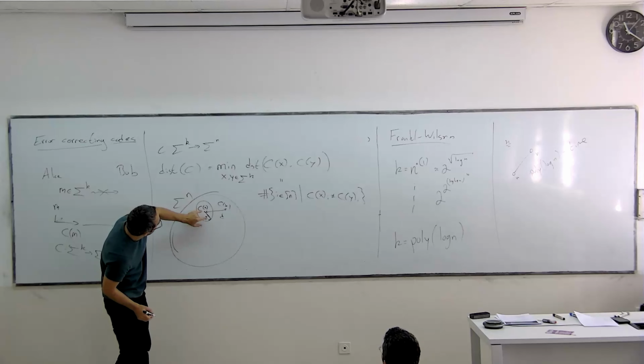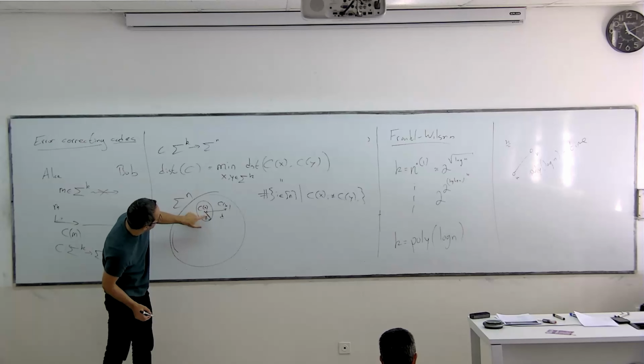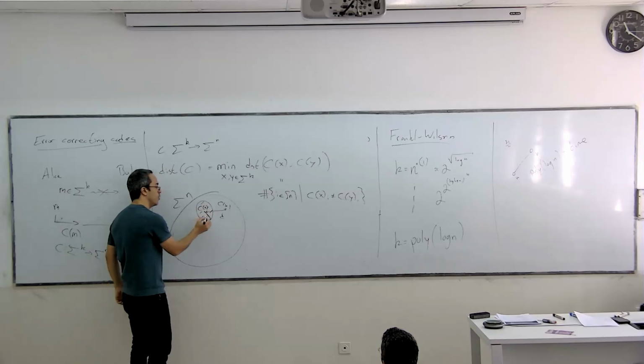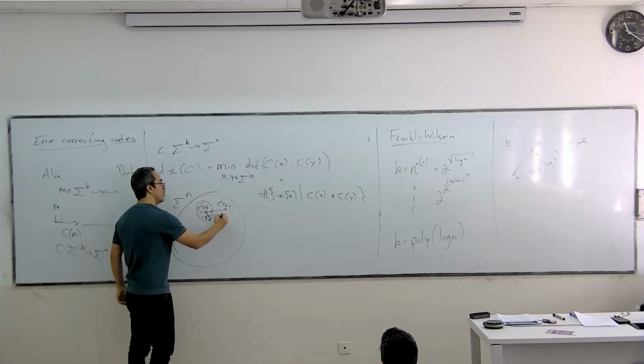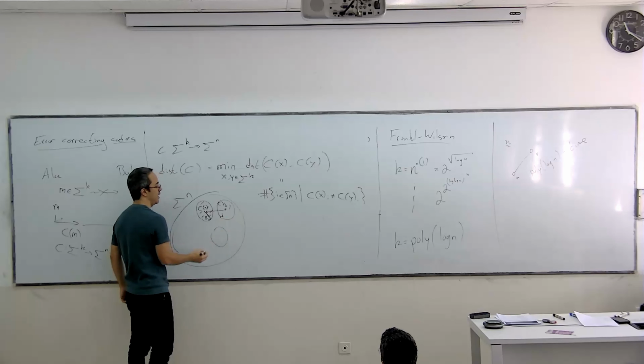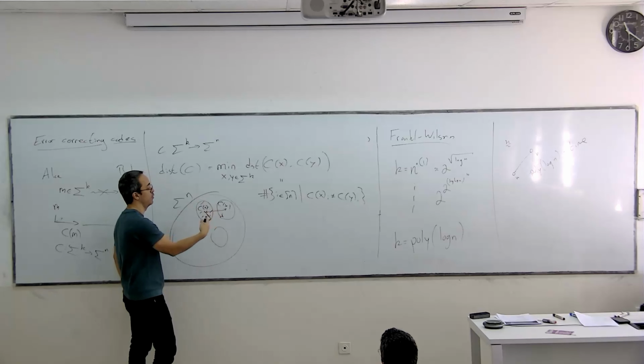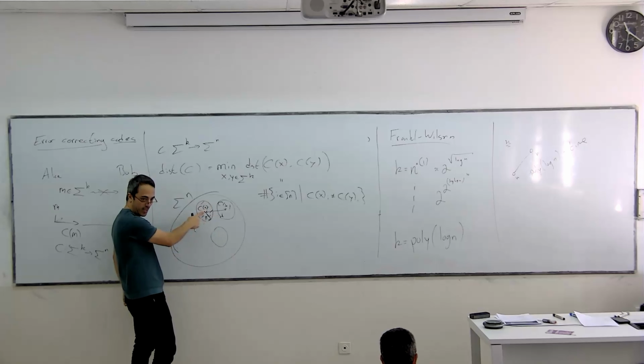This is what you send, but if you made fewer than d over 2 changes, then you are still within this ball, and the balls surrounding different codewords are non-intersecting because of the distance. So this means that information theoretically, whatever Bob got here, maybe taking a lot of time, you should be able to infer what this is.